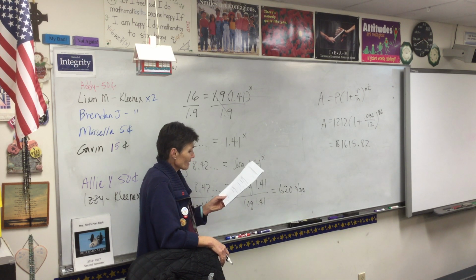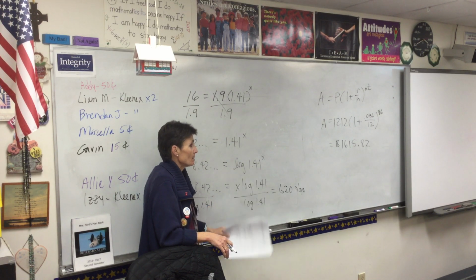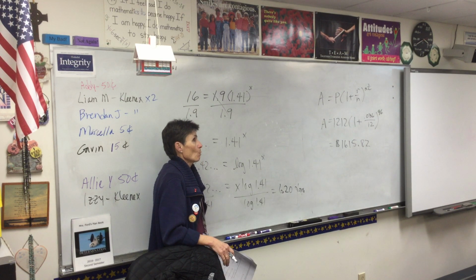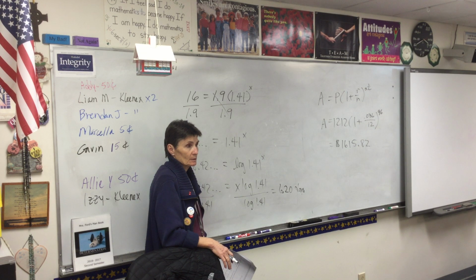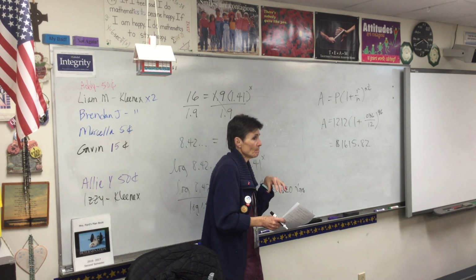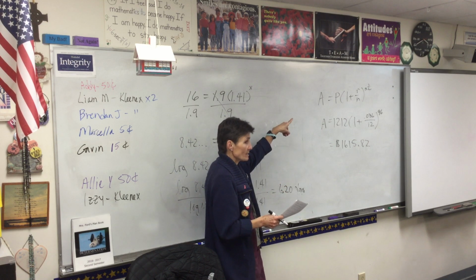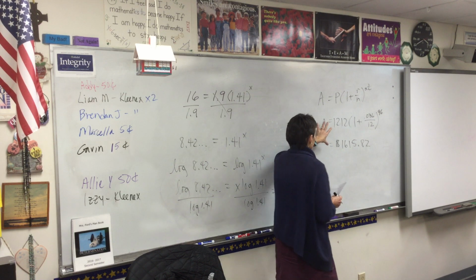Okay. When will the original investment be tripled? Now, are we in the same problem? Yes. So we're going to be using the same setup, but it's going to be a little different now.